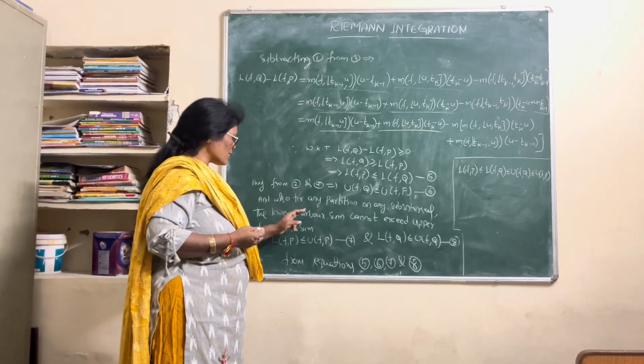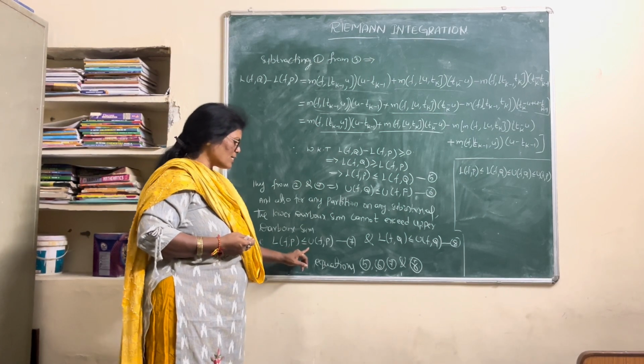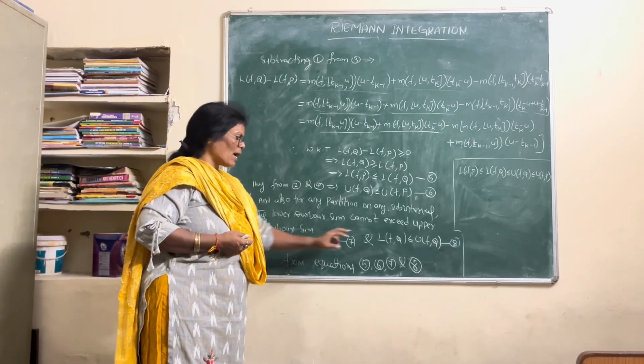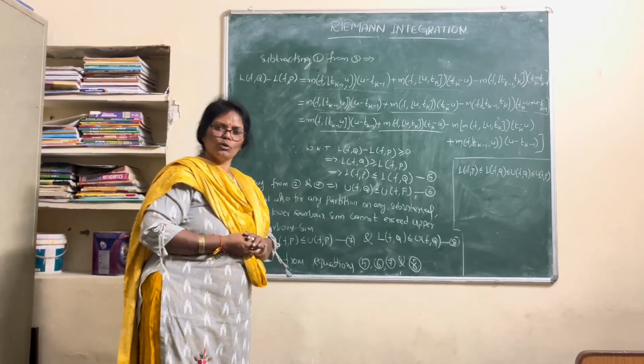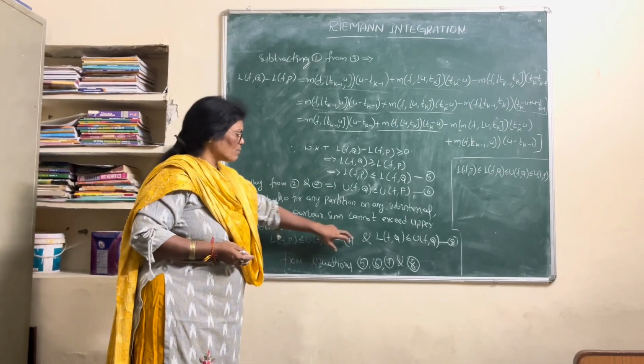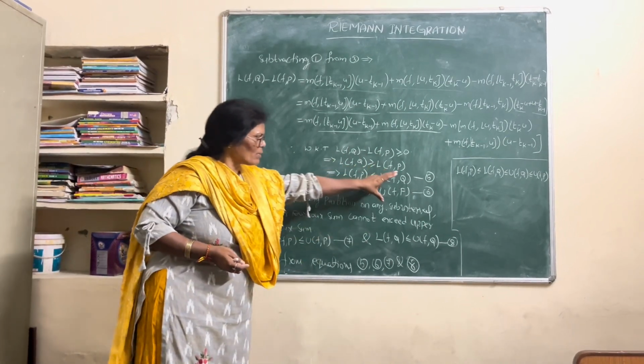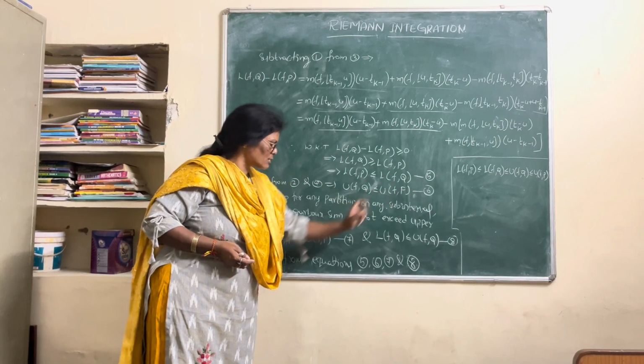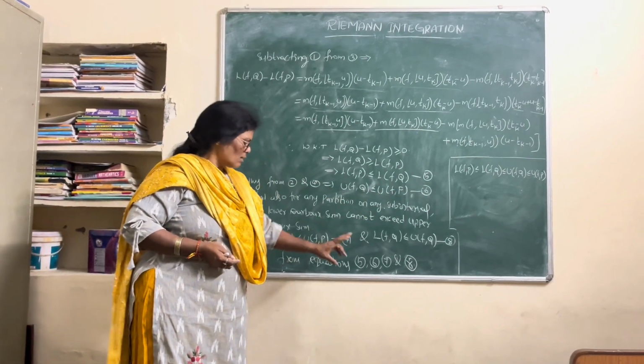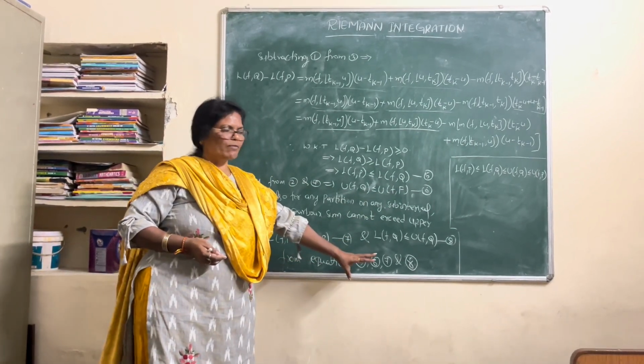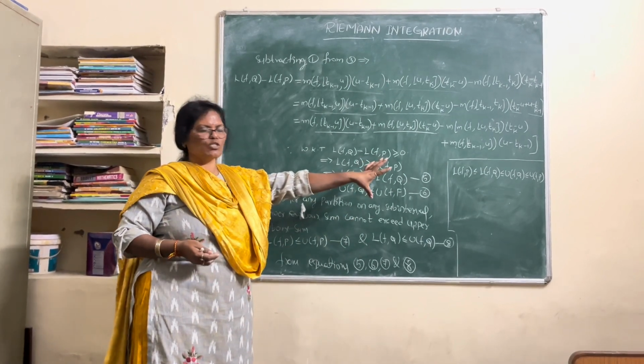So that's what we can take from this. LFP is less than or equal to UFP and LFQ is less than or equal to UFQ we can write from these two equations also. So from equations 5th, 6th and 7th, 8th, from these 4 equations we should get the inequation.